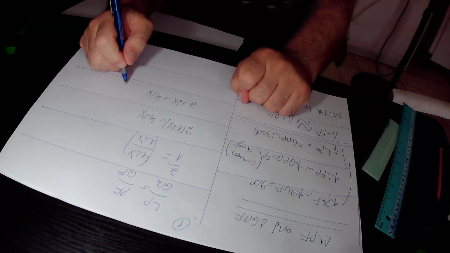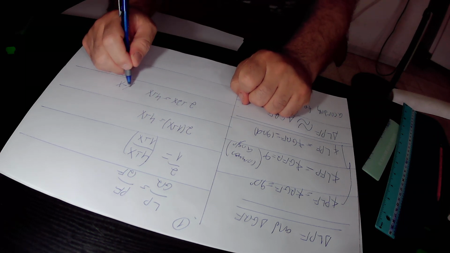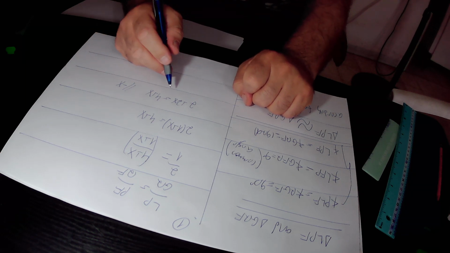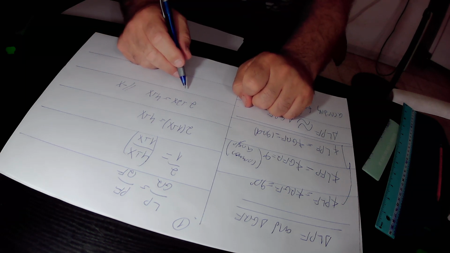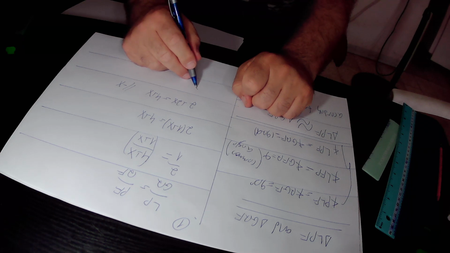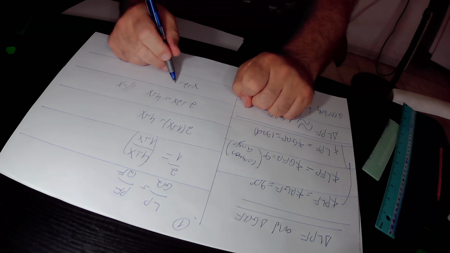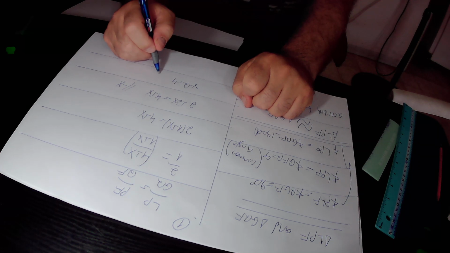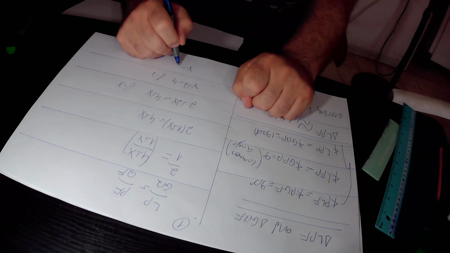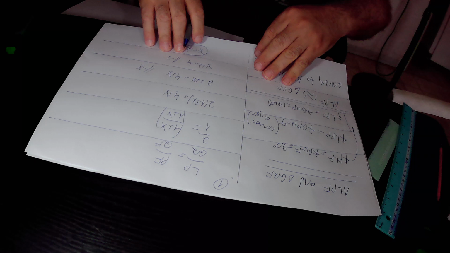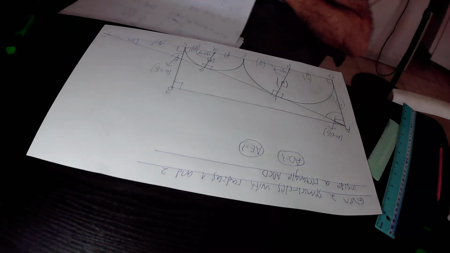Here we subtract x from this equation, and we get that 2x minus x is x, so in total, on this side of the equation, we have x plus 2 equals 4. Here we subtract 2 from this equation, and finally get that x equals 4 minus 2, that is 2. So we found out that the length of line segment x is 2 units.